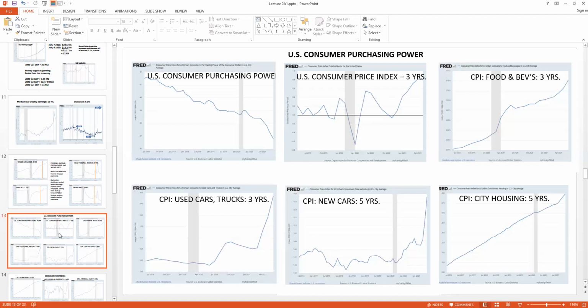And finally, the cost of housing in the cities, primarily maintenance and rent. But you can see more recently that the price for housing in cities has also turned up. So we're dealing with a situation where consumer prices have really begun to shoot up.